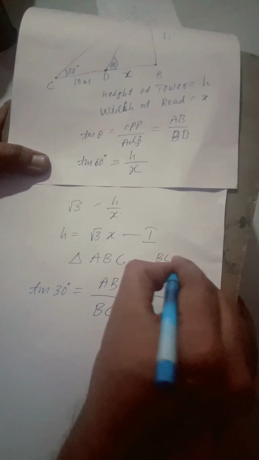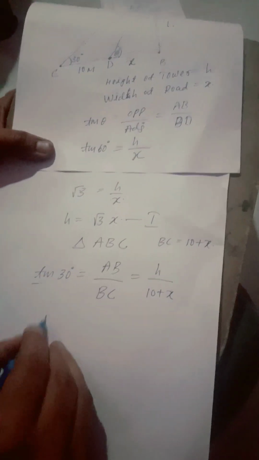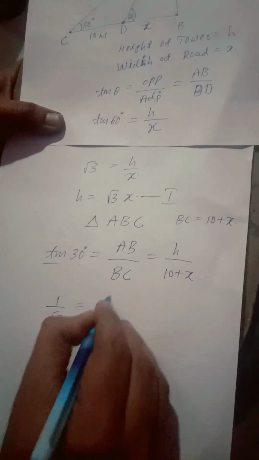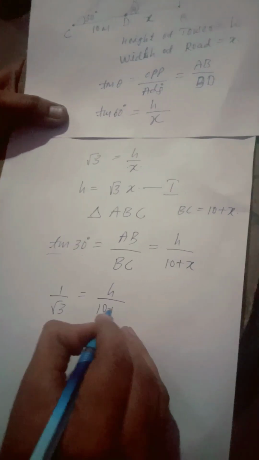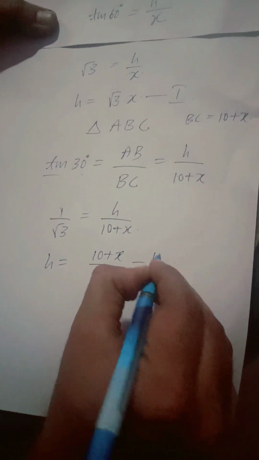BC is equal to 10 plus x. Tan 30 is equal to 1 by root 3, which is equal to h by 10 plus x. So h is equal to 10 plus x by root 3. This is the second equation.